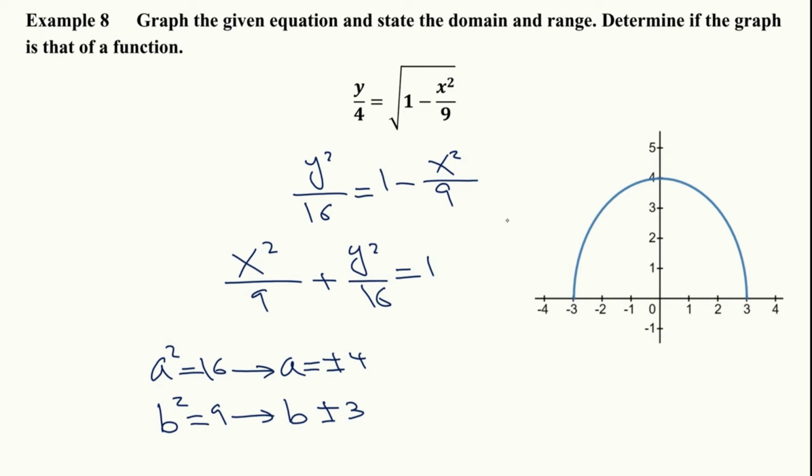And yes, it is a function. The domain obviously runs from -3 to 3, so closed interval from -3 to 3, and the range runs from 0 to 4. All right, so that's how you would graph something like that.